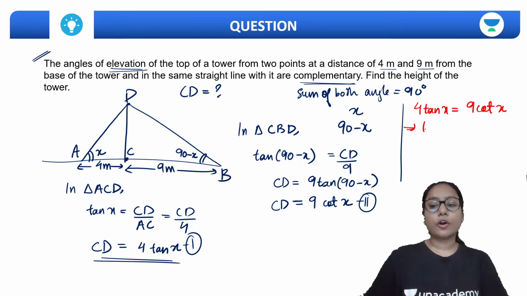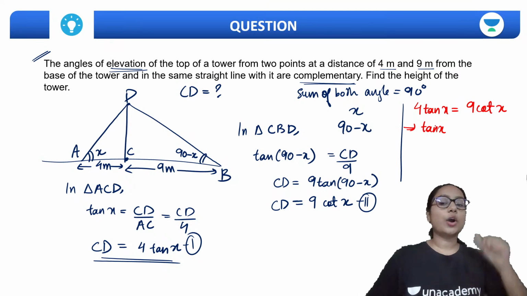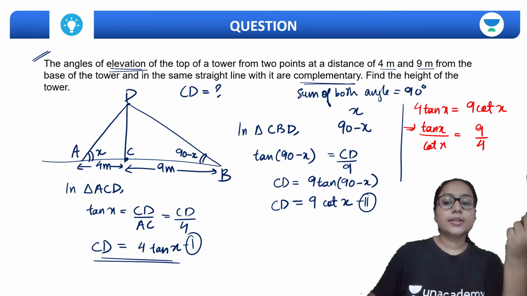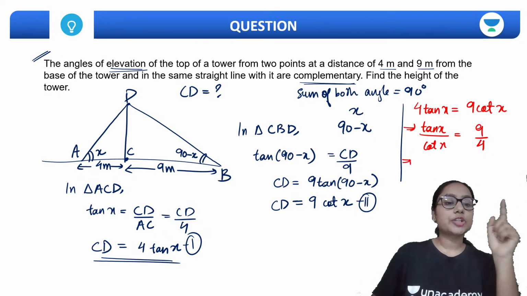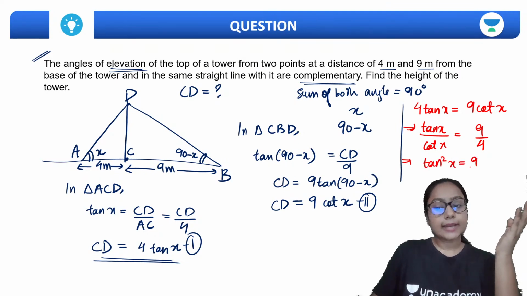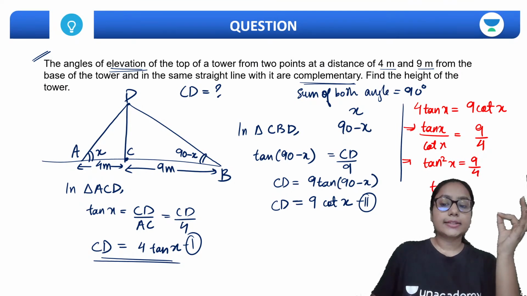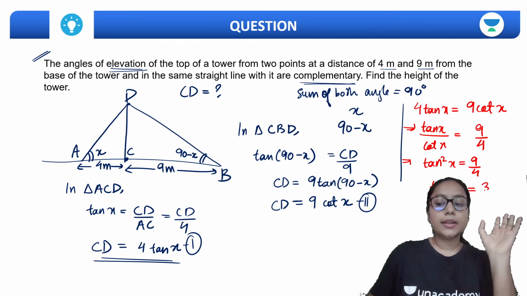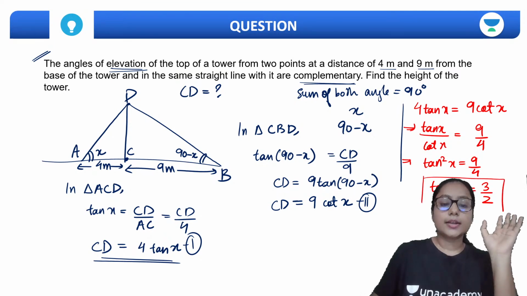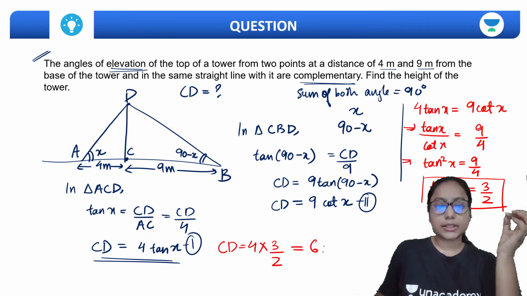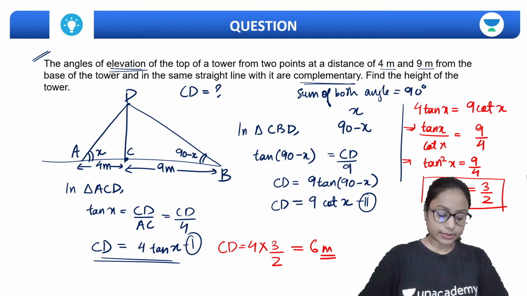So from here I have tan x upon cot x is equal to 9 upon 4, right? Cot x is actually 1 upon tan x. So this will go in the numerator, and you have tan square x as 9 by 4. So what will be the value of tan x? Since all these angles are less than 90 degree, first quadrant, tan x will be 3 by 2. So what is the value of CD? 4 into 3 by 2, which is 6 meters. So height of the tower is 6 meters here.